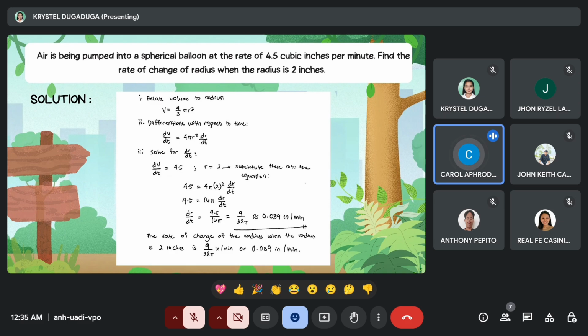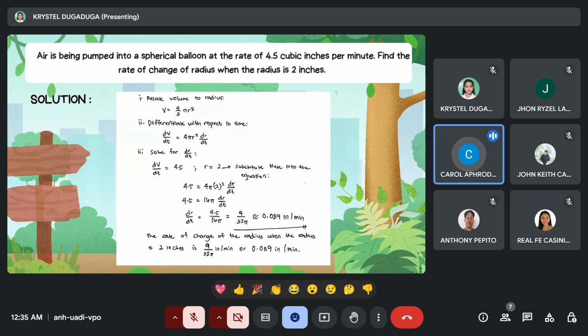And then 4.5 equals 16 pi times dr over dt. That makes our dr over dt equal to 4.5 over 16 pi, which is equal to 9 over 32 pi, or approximately 0.089 inches per minute.